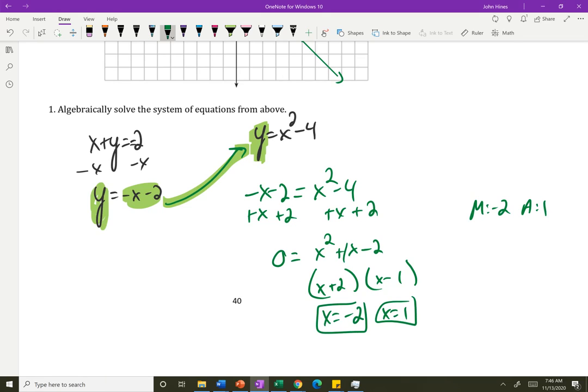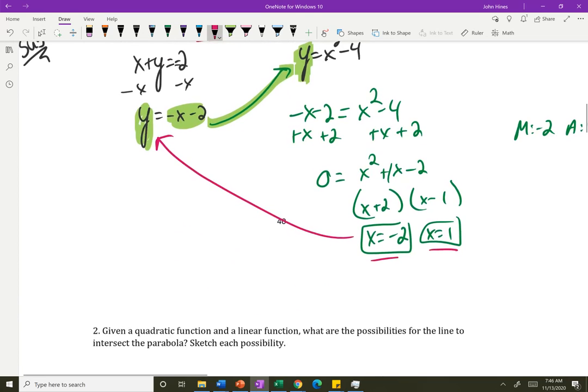And at this point, you think you're done. But you're not, because when we solve a system of equations, we need to take both of these values and plug them back in to get their y values. So I get negative x minus 2.